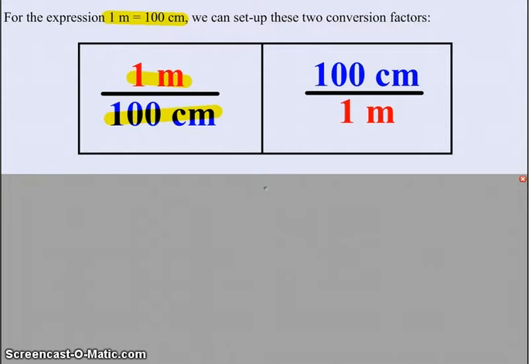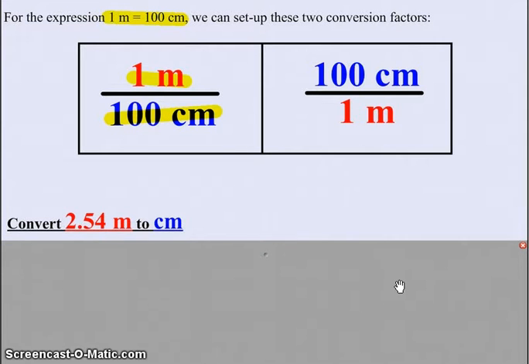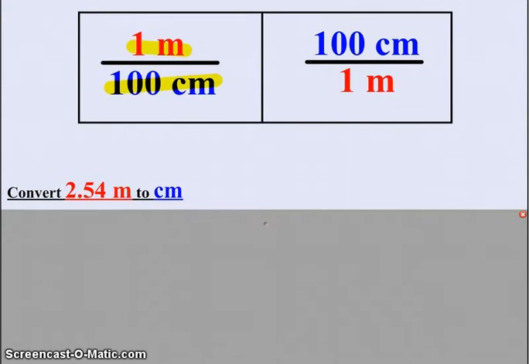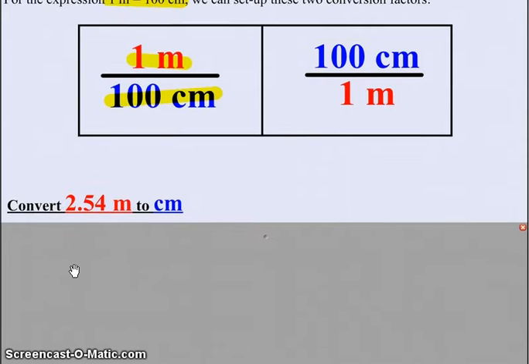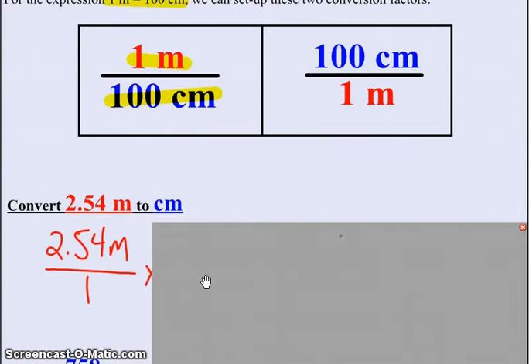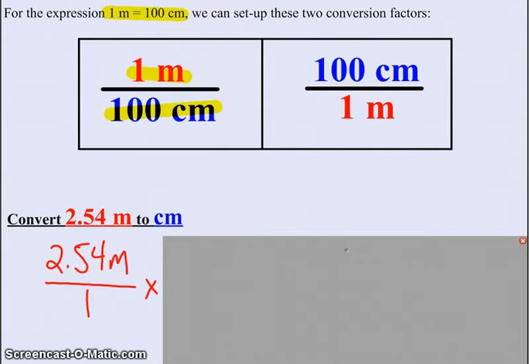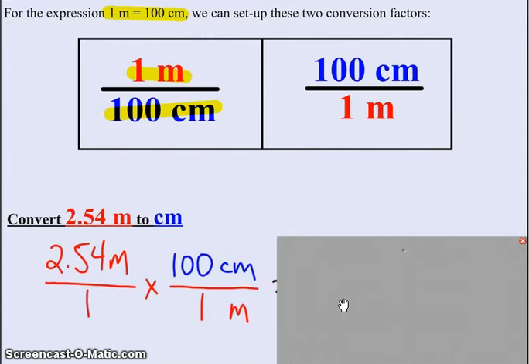So let's see how we can use these to convert. So first up, let's see if we can convert 2.54 meters to centimeters. How are we going to be able to accomplish that task? Well, we're going to use those conversion factors. So what we need to do is take our starting information, 2.54 meters, and we're going to place that over 1. Make it look like one of the conversion factors. Once we have that set up, we need to bring in the conversion factor now that we're going to use to convert.